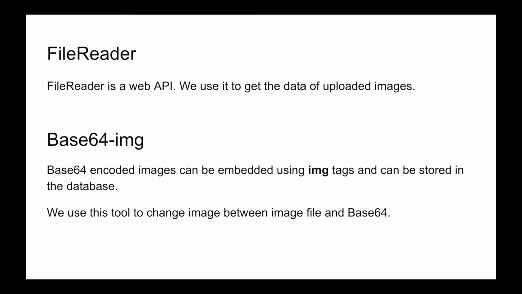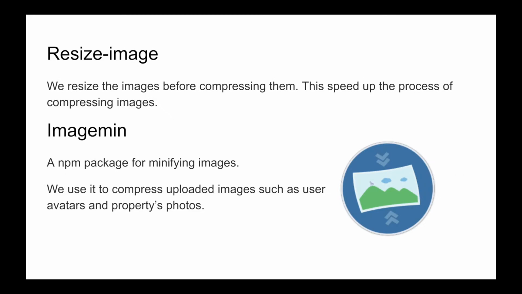We use FileReader to get data of uploaded images and use base64 to encode and decode to or from base64. And we resize the image before compressing it because this can speed up the process of compressing. And we use imagemin to compress the images uploaded to the server, especially for the avatars and property photos.